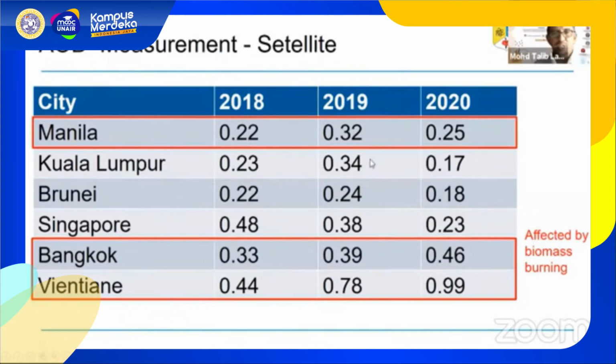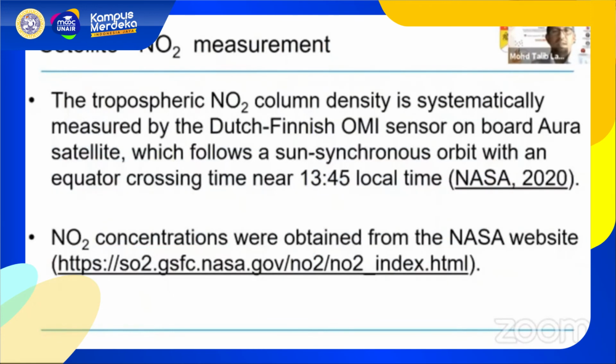In Kuala Lumpur, you can see this AOD level. Brunei, AOD is 0.18. Singapore is 0.13. Except for Bangkok and Vientiane, where the AOD level is higher than in 2018 and 2019. This is because of the influence of biomass burning in that area, in March and April.